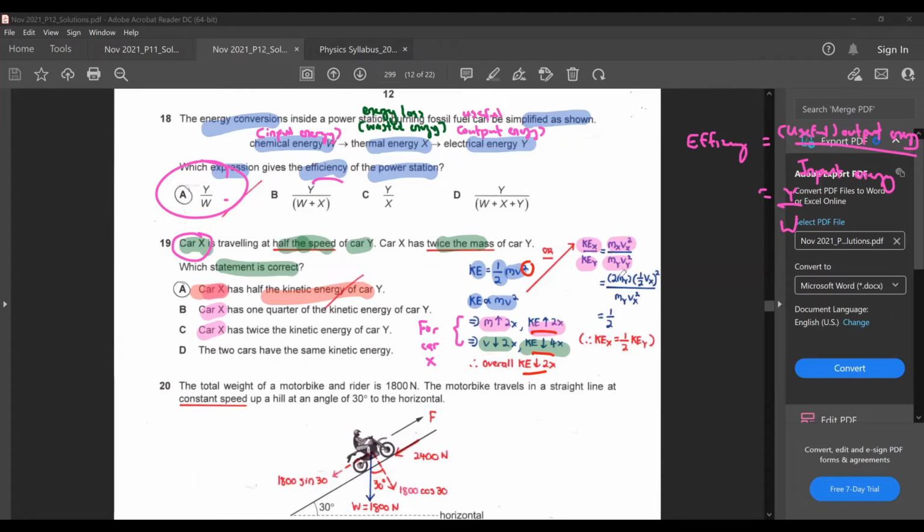So mx is twice of my, but then vx is half of vy. Sorry, there's a typo error here. Half of vy. Okay, so if you try to simplify this, eventually you're going to get the answer as half.